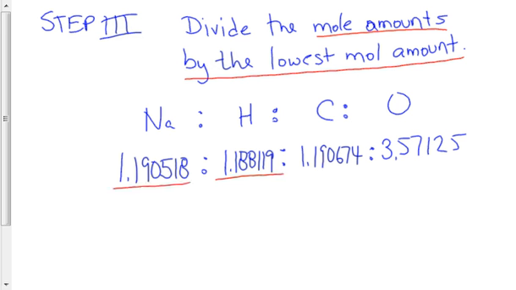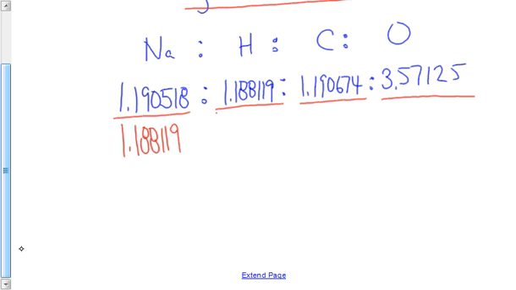So what do I do? Once I've identified the lowest mole amount, which is right here, I'm going to divide everything by that number. So divide by 1.188119. When I punch that into my calculator, I'm going to get 1.00. So that's basically 1. Here I divide by 1.188119.